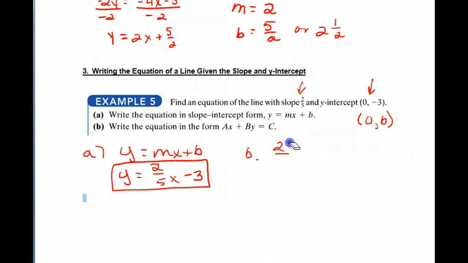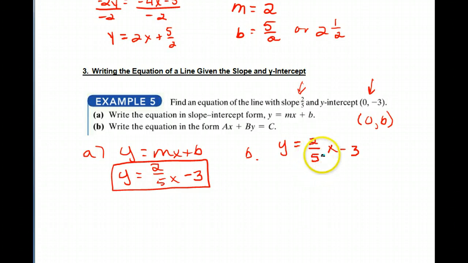Standard form requires that we move the x and y term all onto the left side and that we have just the constant remaining on the right. But we also are not permitted to have fractions or decimals within our equation. So we'll have to deal with that as well.